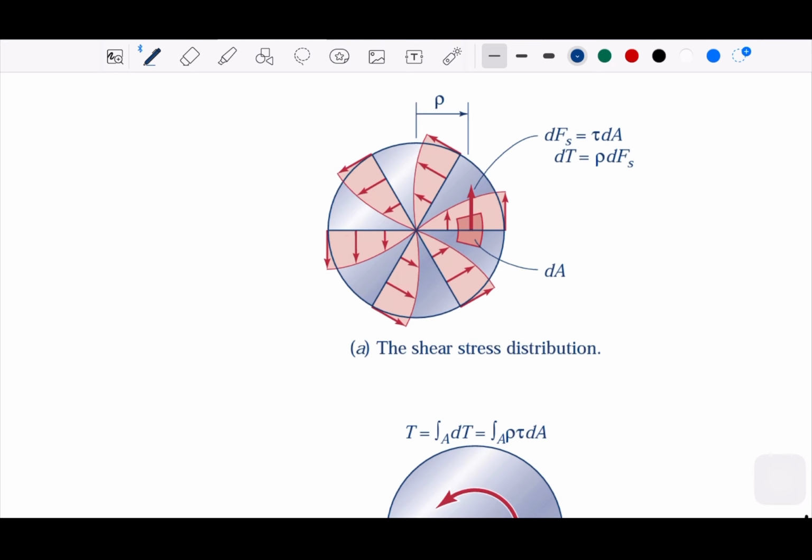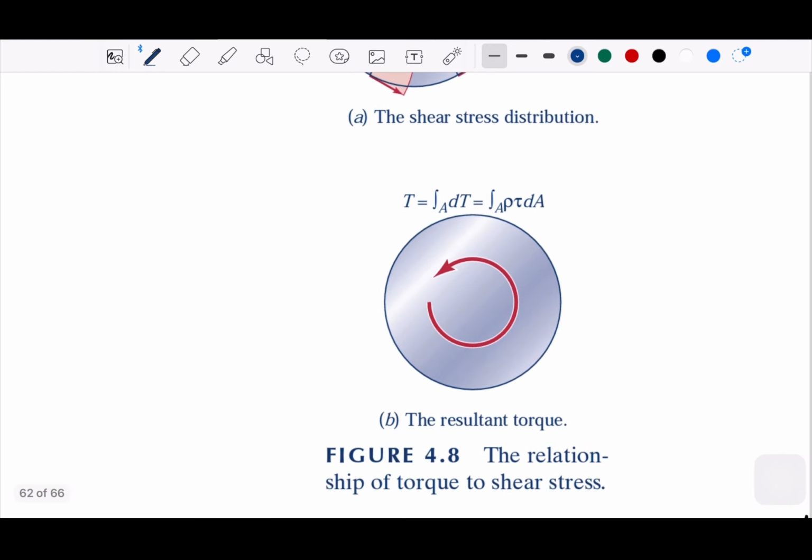And then that is the F, this one, the resultant force. That is going to be the shear stress and dA. So we can say we have the shear stress distributions along this radial plane. And then this is the resultant torque.